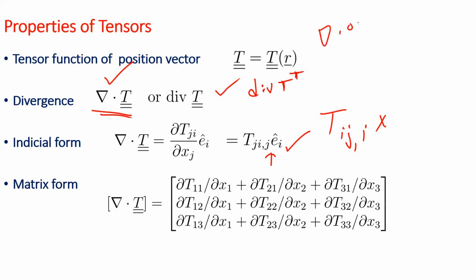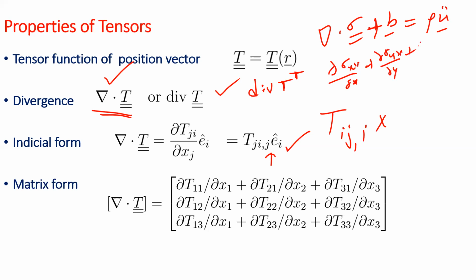So for example, a standard law which we will see is the force balance equation. You have already seen the component form of it: ∂σxx by ∂x plus ∂σyx by ∂y plus ∂σzx by ∂z plus the body force term. Let's say we are dealing with a static problem, not a wave mechanics problem, so let's set this to 0.